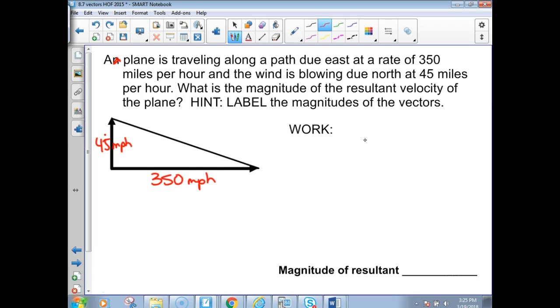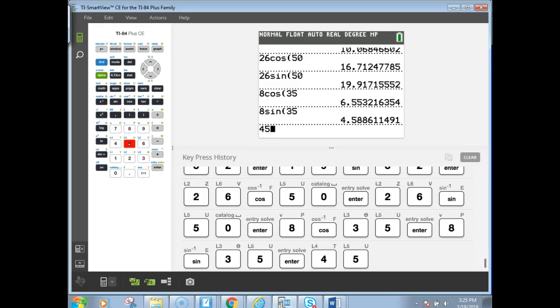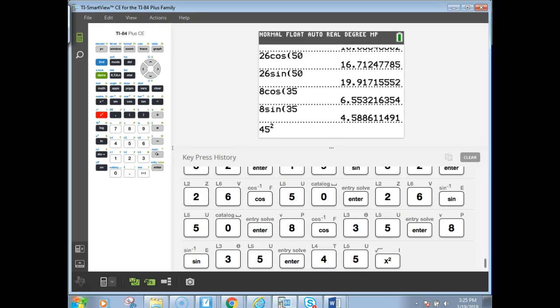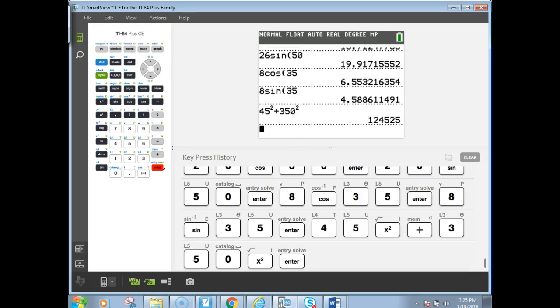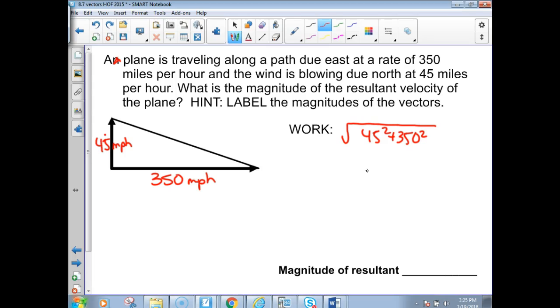Okay, so the wind has an effect on your speed. So we're going to be doing the square root of 45 squared plus 350 squared. It doesn't really matter what order you type those. This is going to be a big number. So I got 124,525.